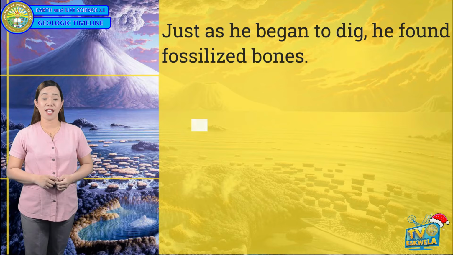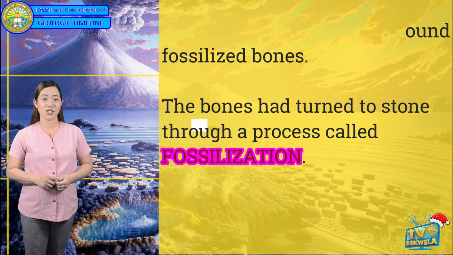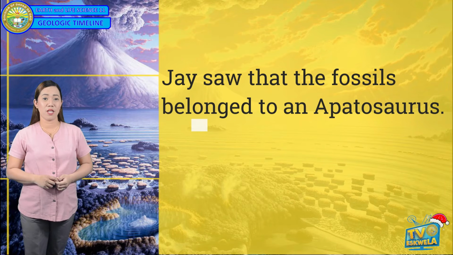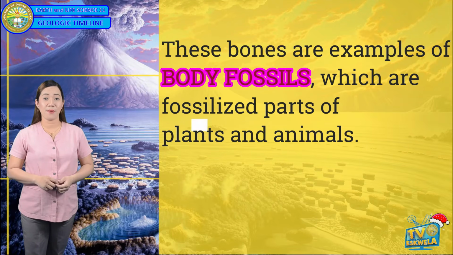Just as he began to dig, he found fossilized bones. The bones had turned to stone through a process called fossilization. Jay saw that the fossils belonged to an Apatosaurus. These bones are examples of body fossils, which are fossilized parts of plants and animals.